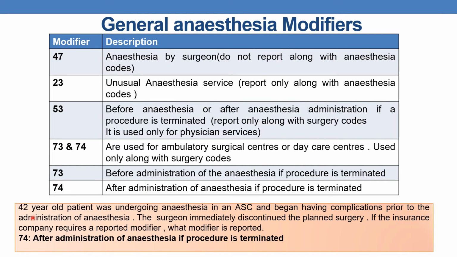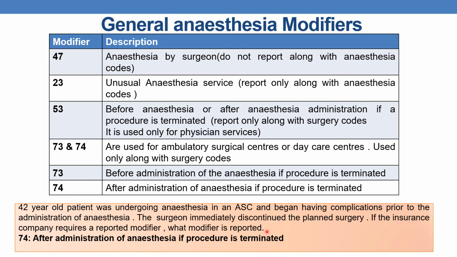Now let us see an example. 42-year-old patient was undergoing anesthesia in an ASC, ambulatory surgical center, and began having complications prior to administration of anesthesia. The patient was undergoing anesthesia and the surgeon immediately discontinued the planned surgery.